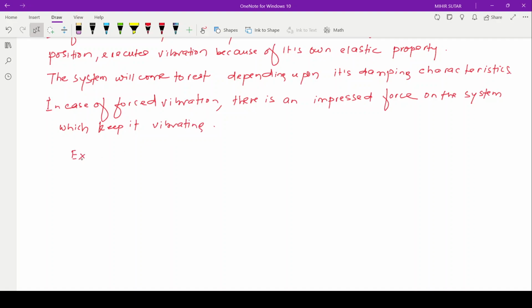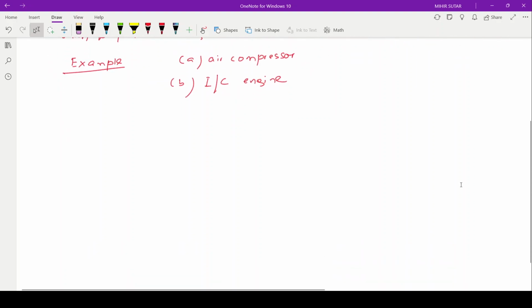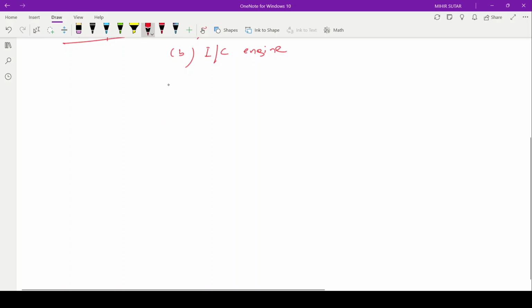Examples of forced vibration are, let's say, air compressor, then internal combustion engine, then your machine tools, and various other machineries.